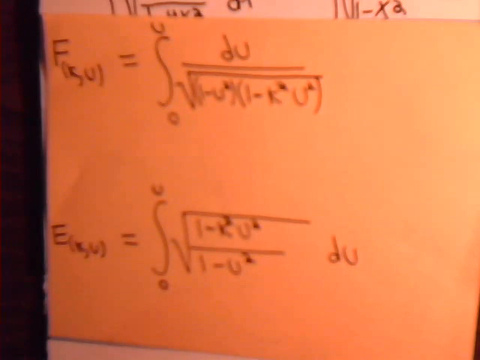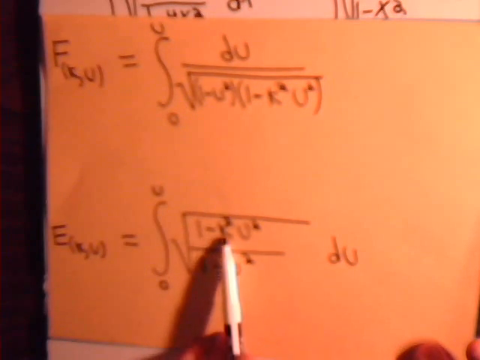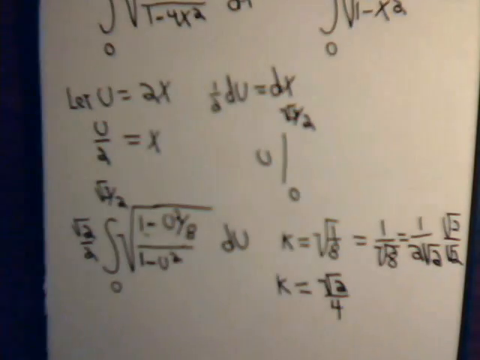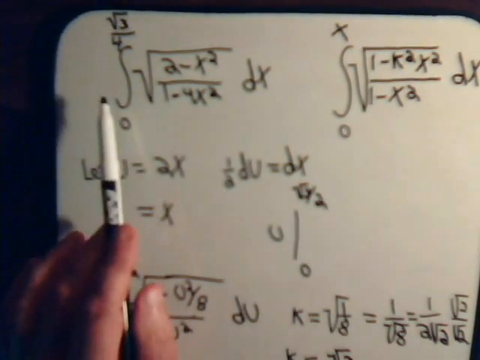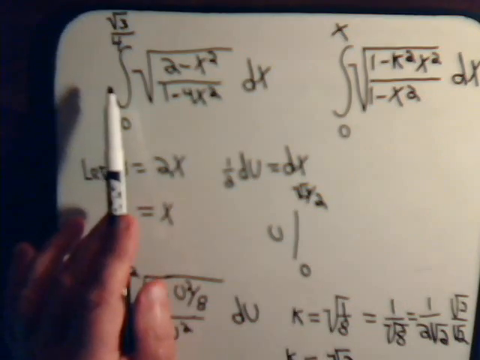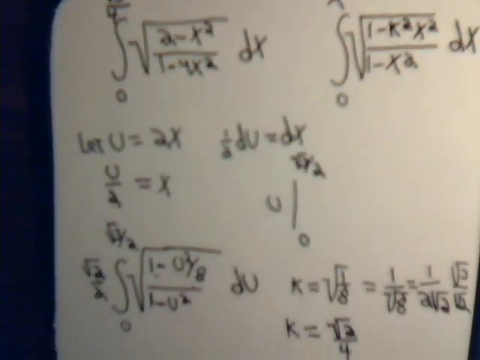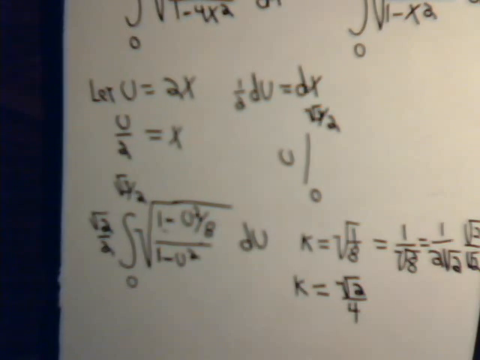They do have a numerical value depending upon the value of u, our upper limit, and what k is. So all we're going to say then is for this integral right here, we had the square root of 3 over 4, but that got transformed to the square root of 3 over 2 when it's in standard form.